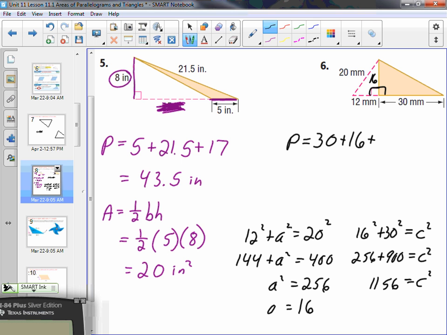Is that one a perfect square? Now, what's its square root? What is it? 34. That's what I was missing. Get the perimeter, isn't it? So 30 plus 16 plus 34. 80 millimeters is our perimeter.